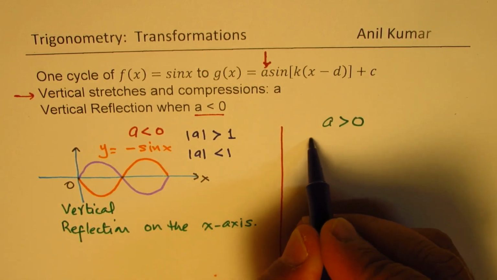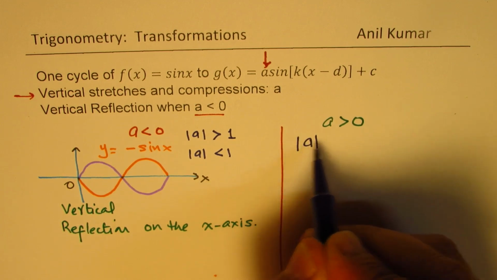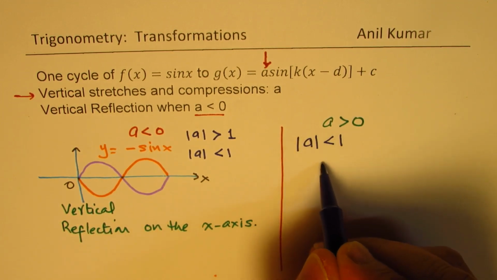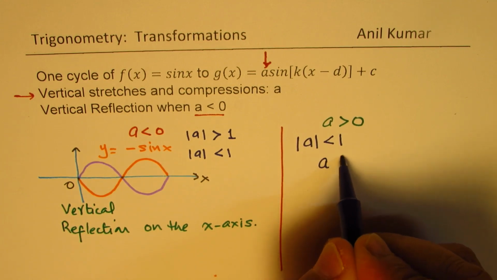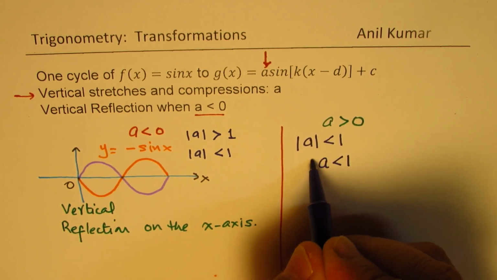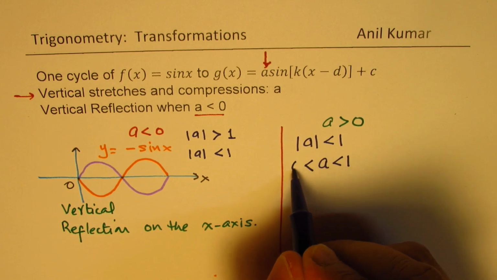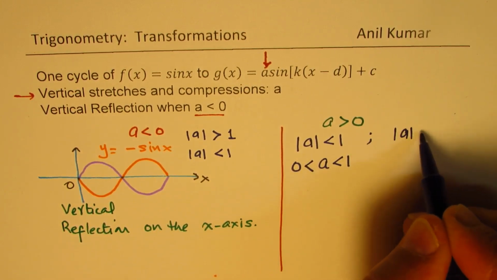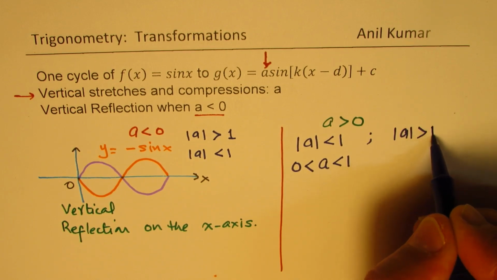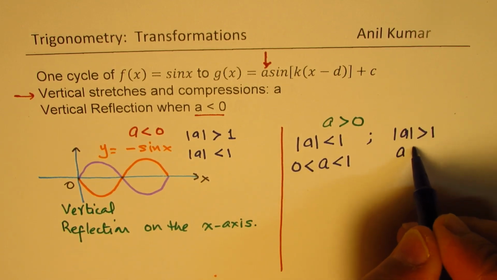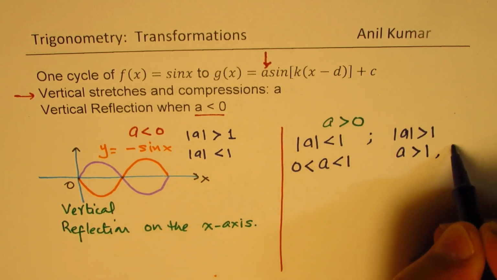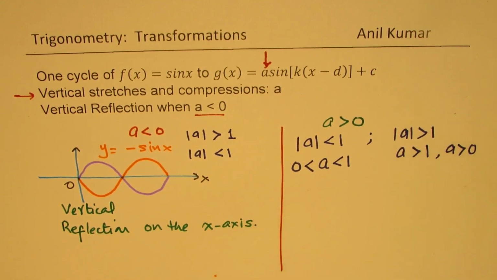So let's consider the case when absolute value of a is less than 1. Basically, we are trying to say that the value of a is less than 1 but is greater than 0, right? That is one case. The second case is when absolute value of a is greater than 1. That is to say, a is greater than 1, right? If a is greater than 0, right?